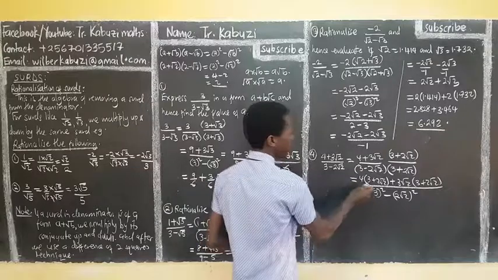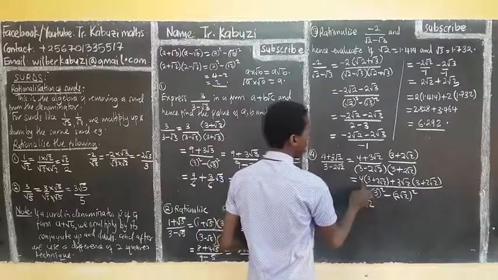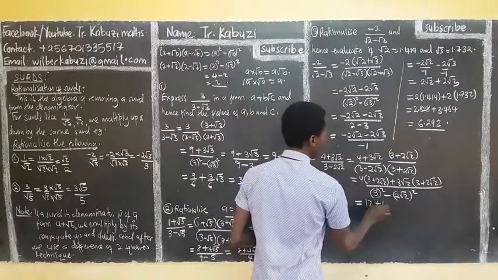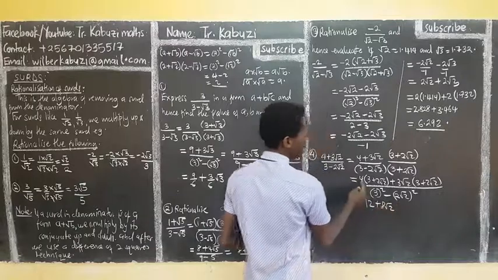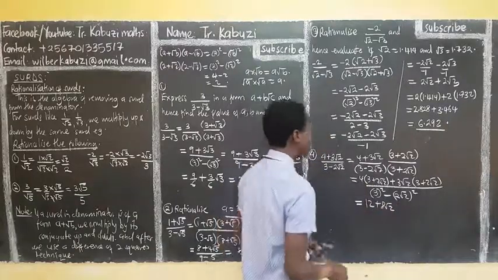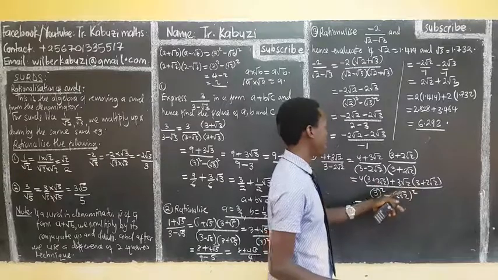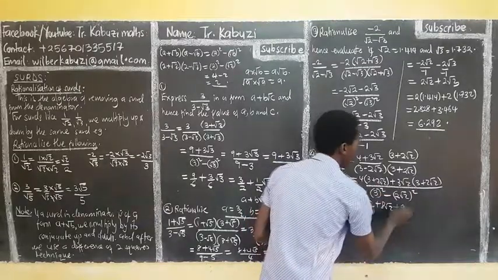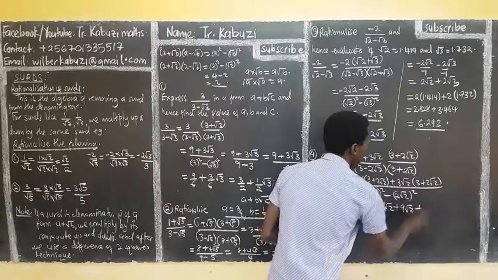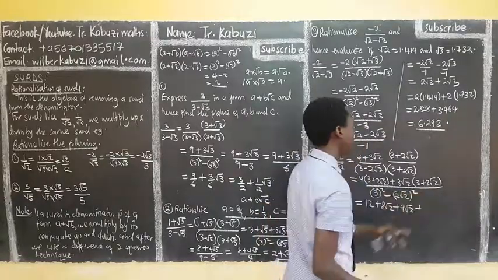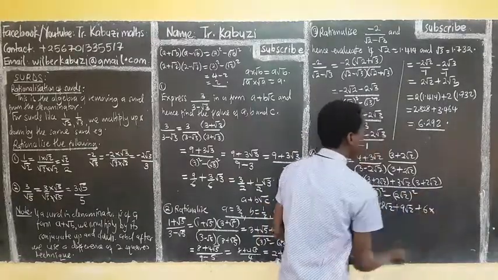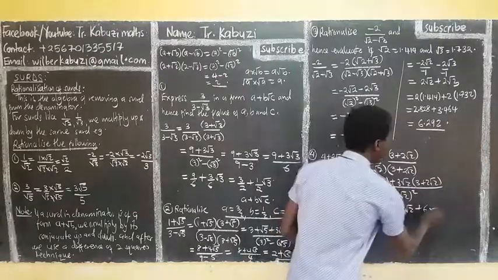Let us see. 4 times this, we get 12. 4 times this, we get 8 root 2. Then root 2, this times this, 3 root 2 times 3, we shall be getting plus 9 root 2, then plus 3 root 2 times 2 root 2, that will be 6 times root 2 times root 2, which is 2.